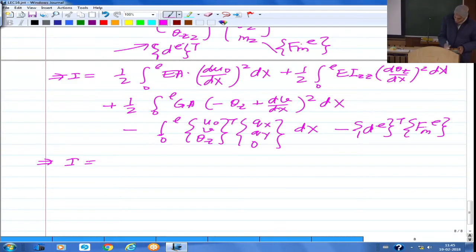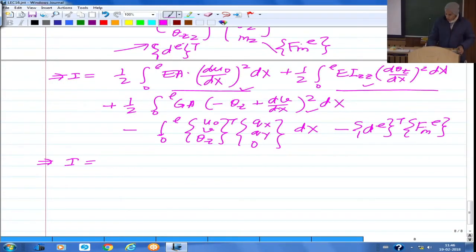We can also combine these three strain energy terms together, but for subsequent discussion on shear locking, I want to keep these two terms. This is the strain energy due to stretching, or the deformation of the neutral axis itself, because it involves du naught by dx.